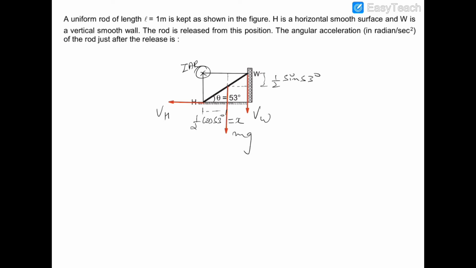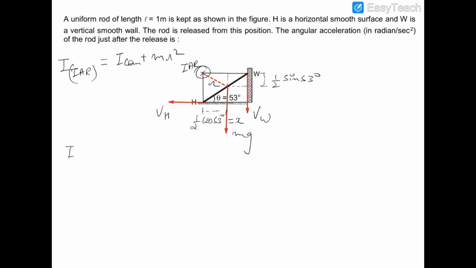So let us also assume that this distance from the center of the rod to IAR is r, and therefore if we find out the moment of inertia of the rod about IAR, we have to apply the parallel axis theorem. So this would be ICOM plus m r square.